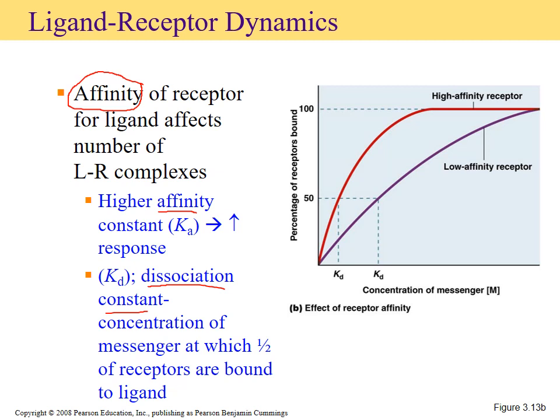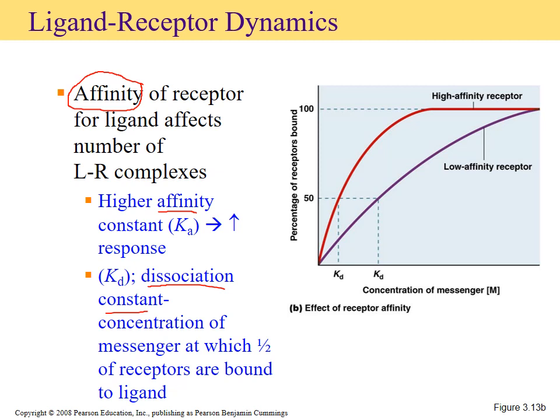Now, these two, affinity and dissociation, they correlate with each other, right? Because if you have a high affinity, that means that you can quickly locate your ligand and your receptor, which means that you will have a low dissociation constant. You will get away with producing low amounts or low concentrations of messenger, and you'll still be able to quickly mark your halfway point of receptors being bound.